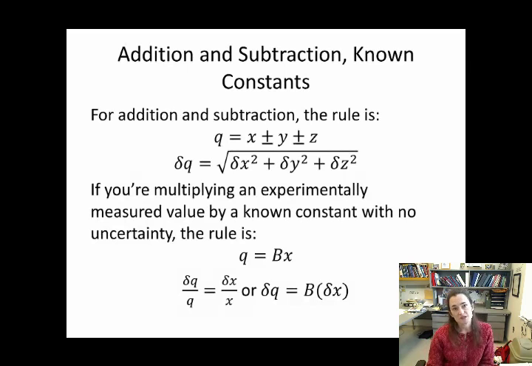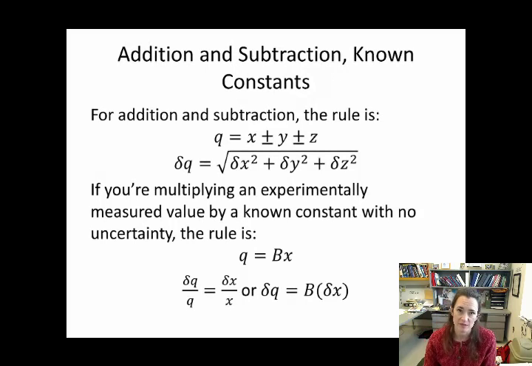Okay, now if you're multiplying an experimentally measured value by a known constant with no uncertainty, for example, 1/2 gt squared is equal to the distance fallen, right? So you know 1/2 precisely. Okay, so in that case, let's say that you have a formula q is equal to bx, where b is your precise constant.